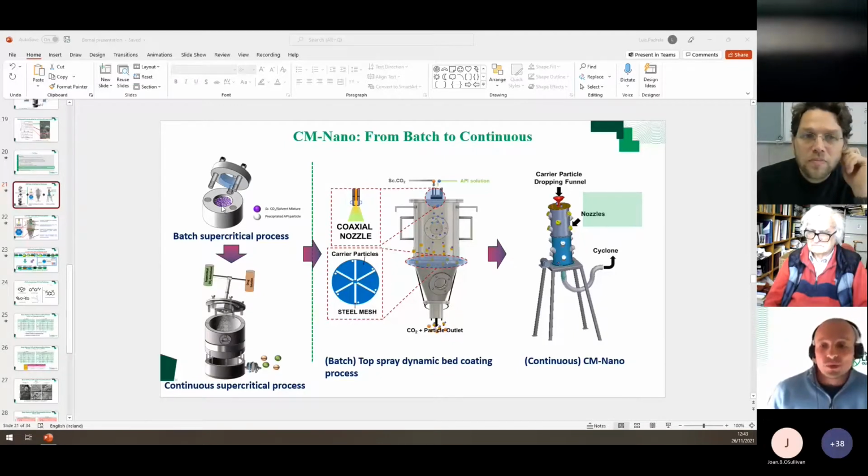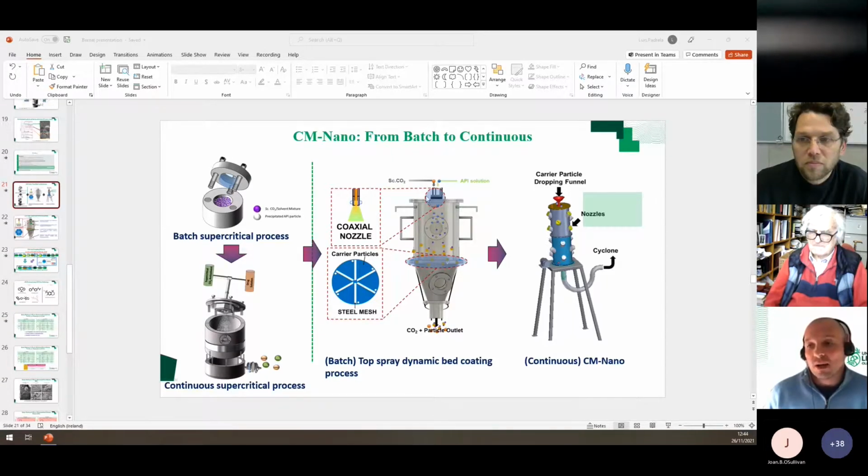So we see what the supersaturation is there. But in the nozzle, we have flow rates, not quantities. So we can convert these molar ratios of CO2 to solvents into flow rates, but we cannot measure supersaturation directly. We can understand more or less if particles precipitate in the nozzle, because then the nozzle gets blocked, so we know where precipitation is actually happening. But measuring supersaturation accurately is very challenging because it's under high pressure.